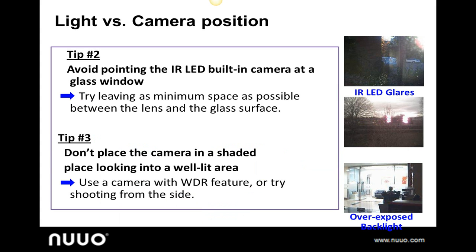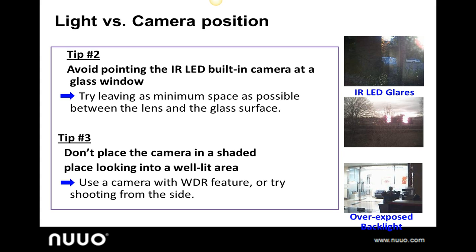Okay, so there are two other tips. Tip number two is to avoid pointing the camera at a glass window, as it may cause reflection of IR glare. If it's inevitable, leave the minimum space possible between the lens and the glass surface.